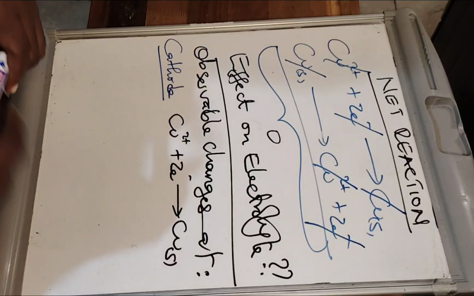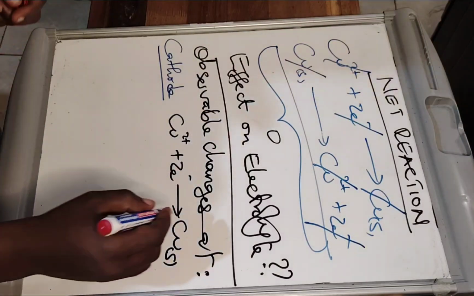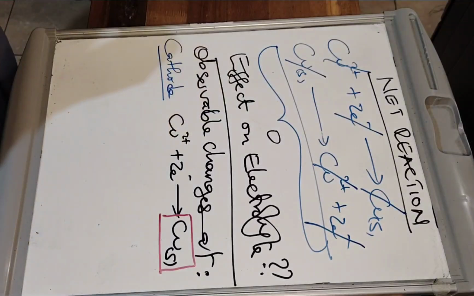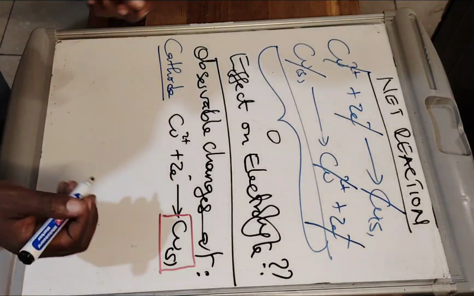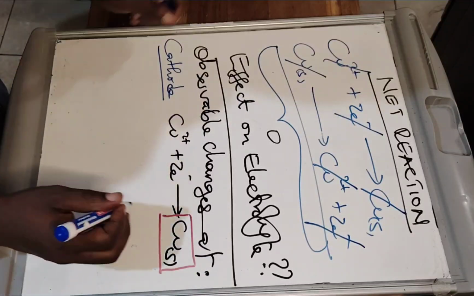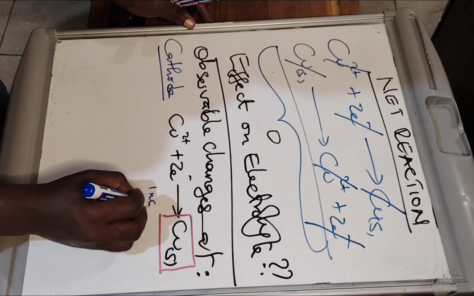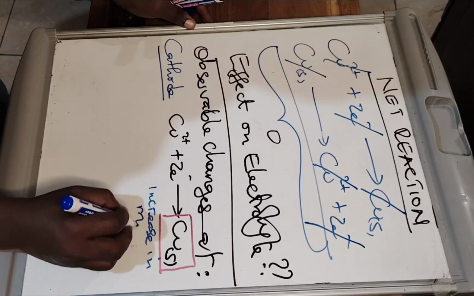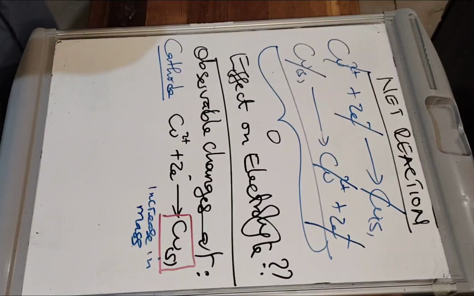Now, I want you to remember that every time you see this as the product anywhere, this means an increase in mass. So our cathode increases in mass.